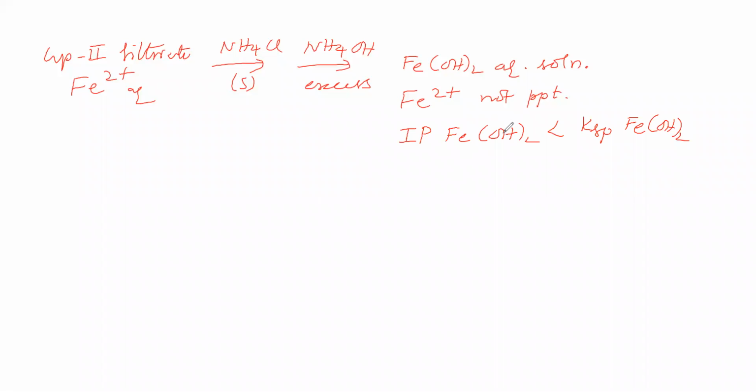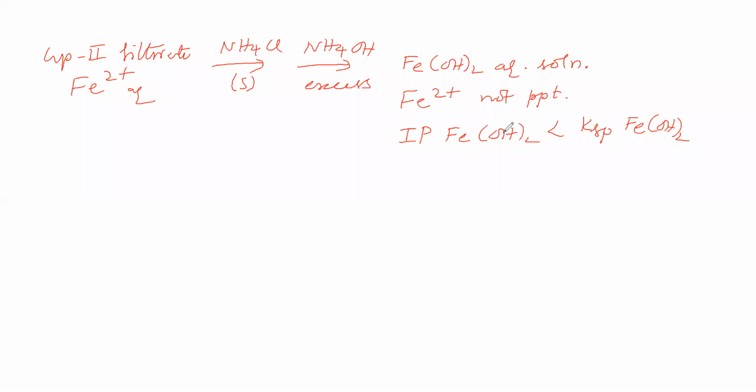If you do not precipitate iron in group 3, then classifying the groups will be difficult, because it will go to group 4, group 5 or group 6. We have to make iron fall in group 3 only. We should not transfer iron into group 4, 5 or 6.